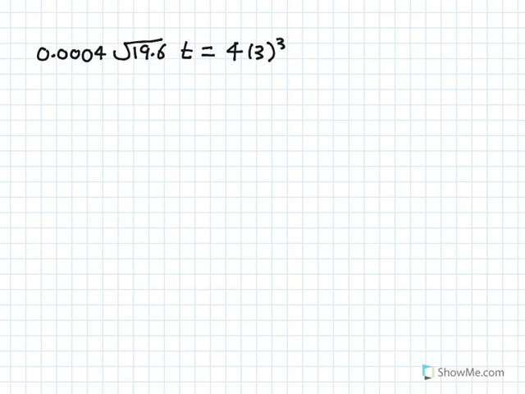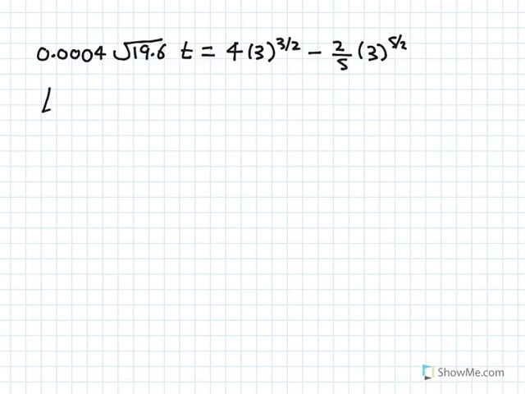All right, so what we have is 0.0004 root of 19.6 times t is equal to 4 times 3 to the 3/2 minus 2 over 5 times 3 to the 5/2.